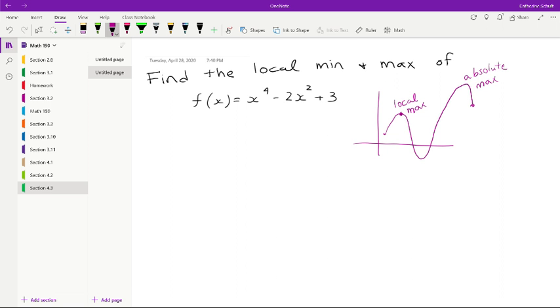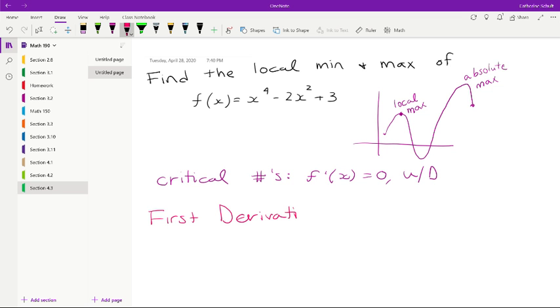Because the critical numbers, remember, is when the derivative is 0 or undefined. So that's the place we're going to start off. We're going to run the first derivative test because the first derivative test shows us the local mins and max.